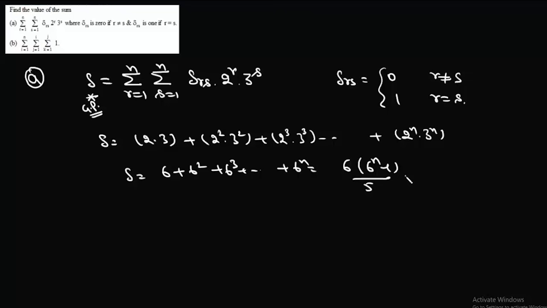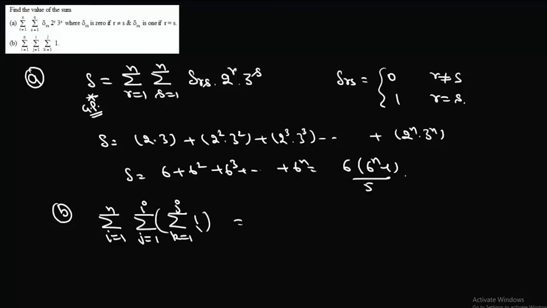Now for this second part, it says we need to find this triple sum i varies from 1 to n, j varies from 1 to i, and k varies from 1 to j, and this is 1. Now first we'll solve this.